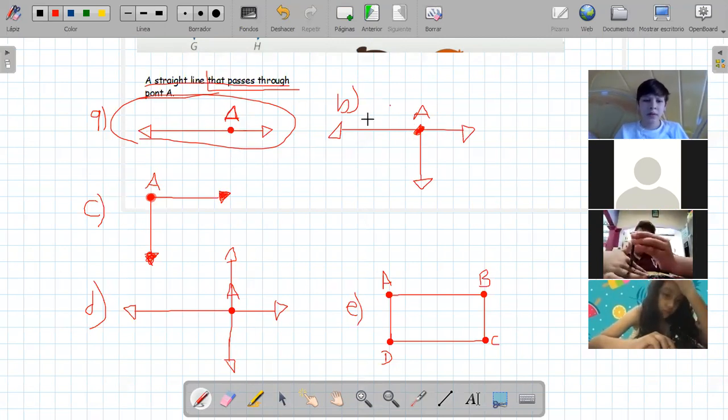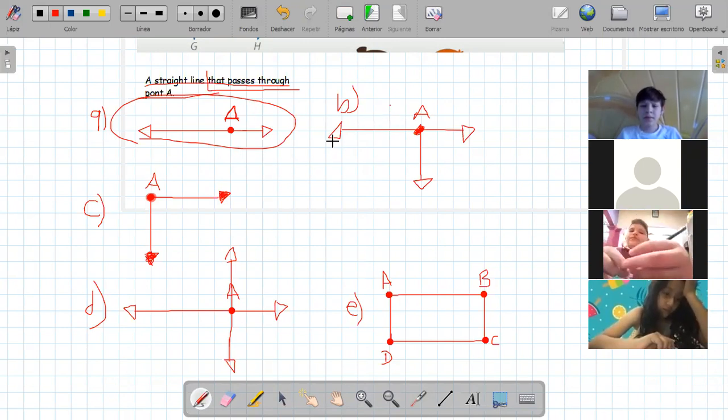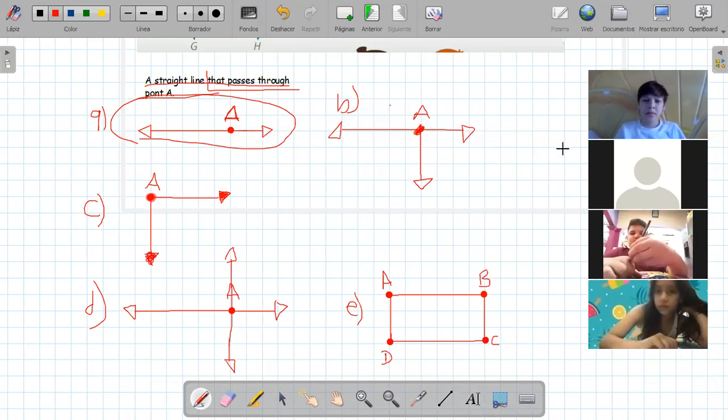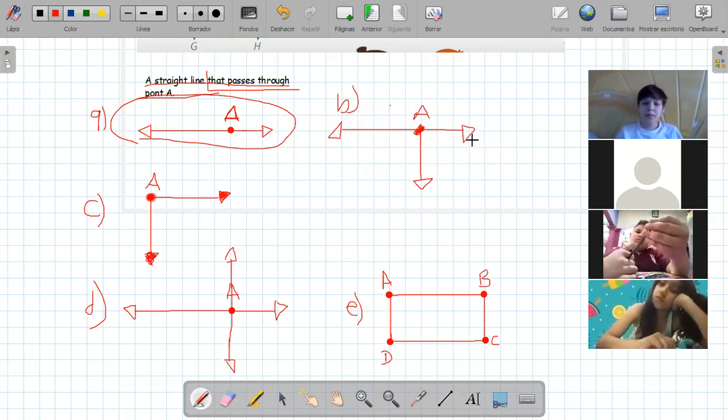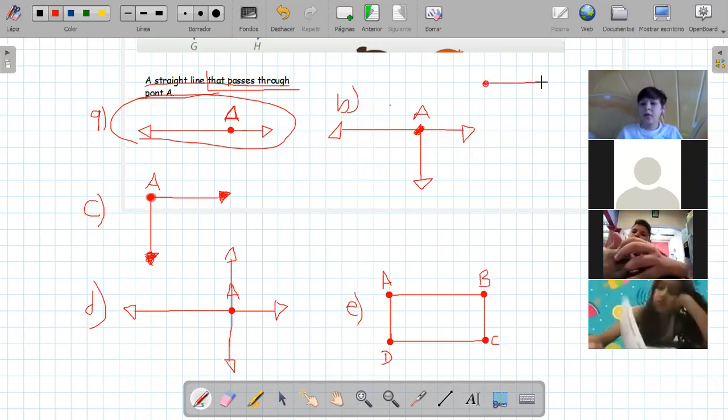The straight line that passes through a point A, and a ray. What is a ray? A ray is a line with a point and an arrow. This is a ray.